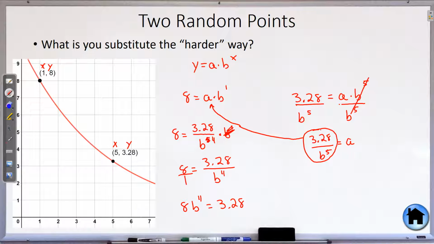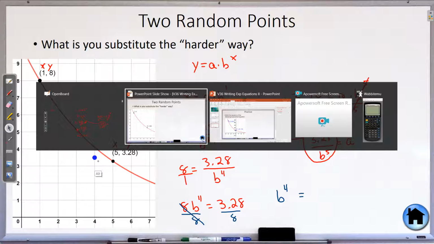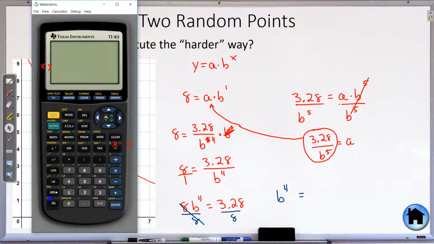I'm hoping you're home free from here. There's not anything else that's too weird. Gotta divide by 8 on both sides. And then we get b to the fourth is equal to 3.28 divided by 8, which is 0.41.